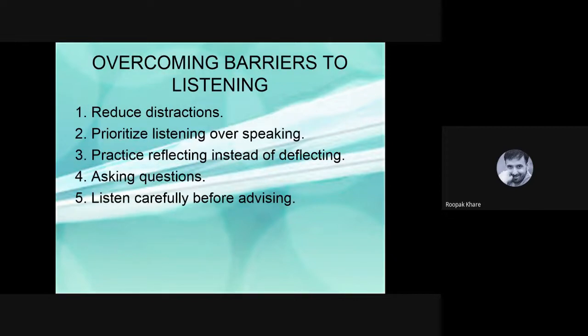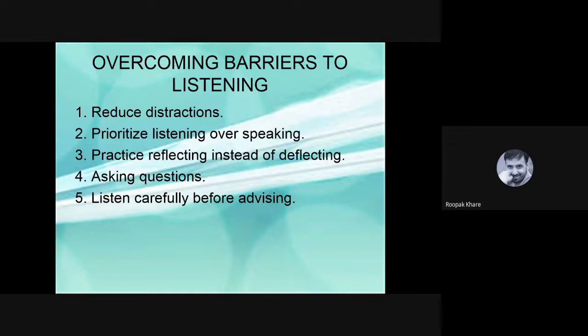Now, how do you get rid of these barriers? Reduce distractions, prioritize listening over speaking, practice reflecting instead of deflecting. So, when you're listening, you should practice that you don't avoid people or things. You should rather reflect, respond to what the other person is saying, right? It's about good listenership. Asking questions, always ask questions in between.